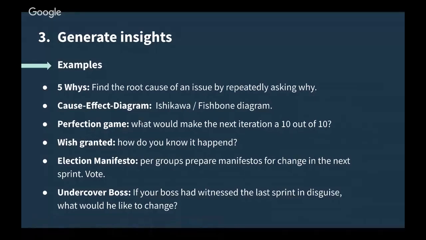You would think that the team is doing great, and you would use something of general purpose to see what we can improve, not related to any specific problem.